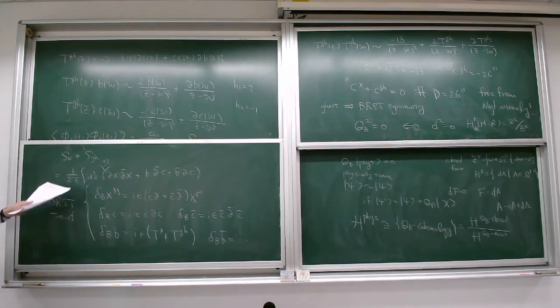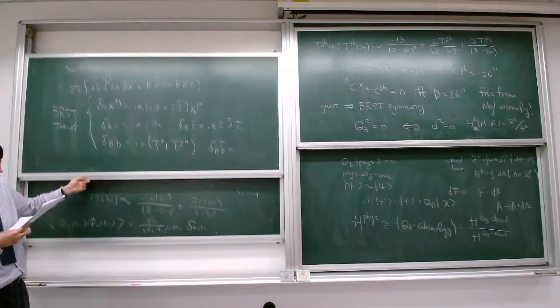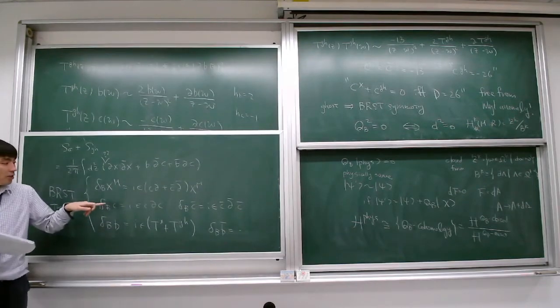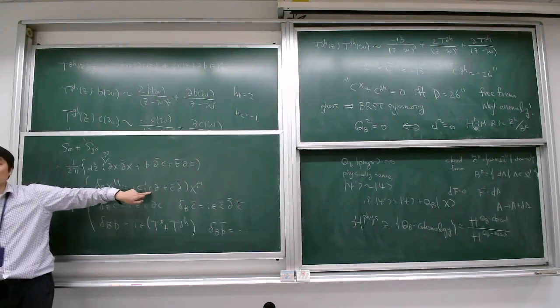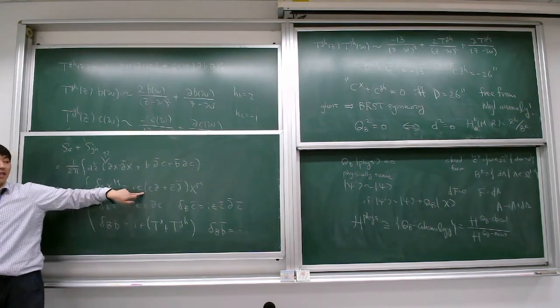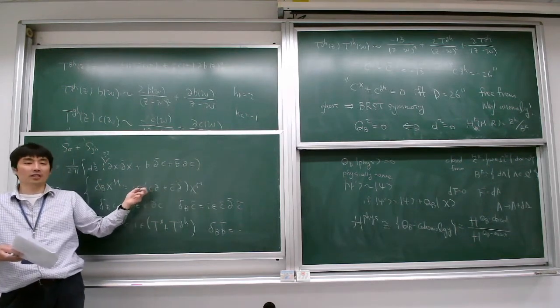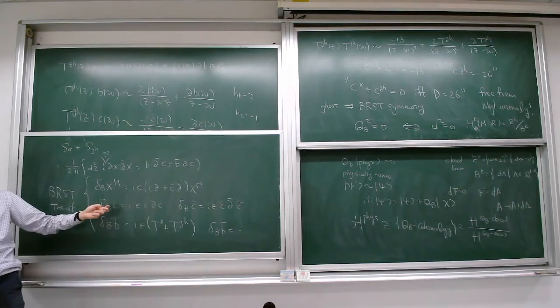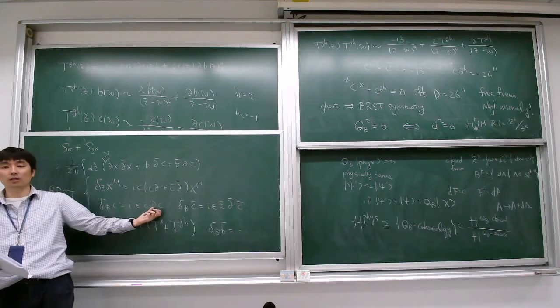It's the same as supersymmetry. So the one thing you have to notice is that once you apply this delta x, you get some fermionic quantity. Fermionic times boson is a fermionic quantity. And if you apply BRST on a fermionic quantity, you get a bosonic one. So fermionic times fermionic is bosonic.